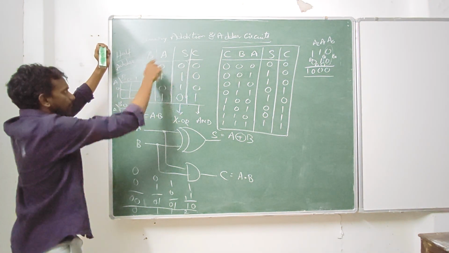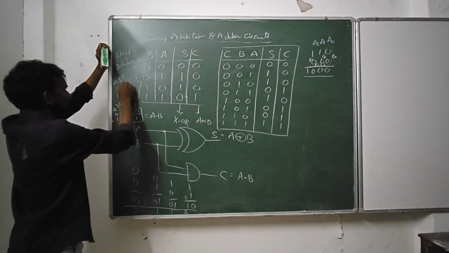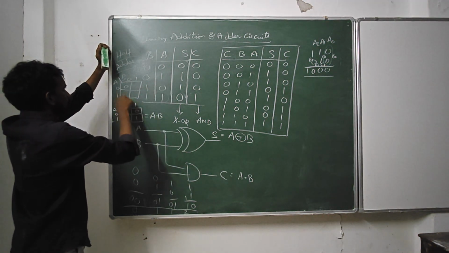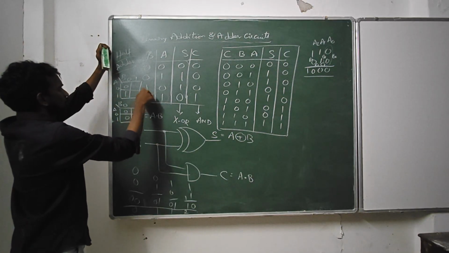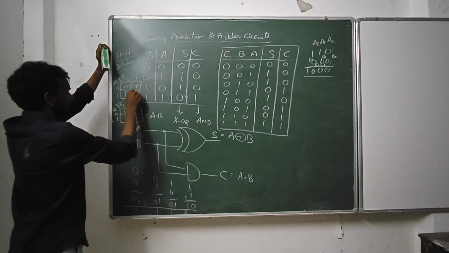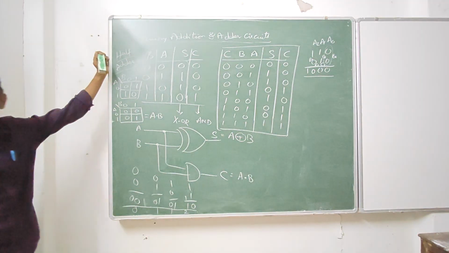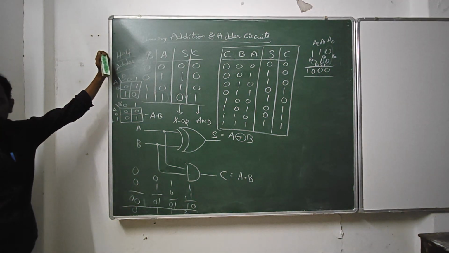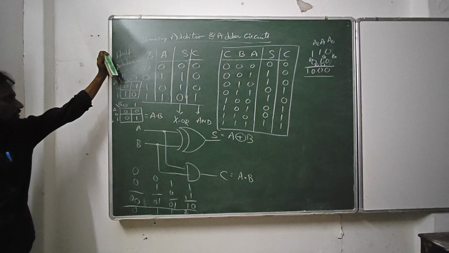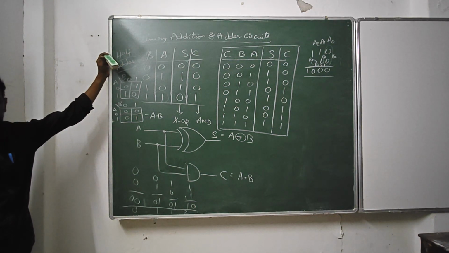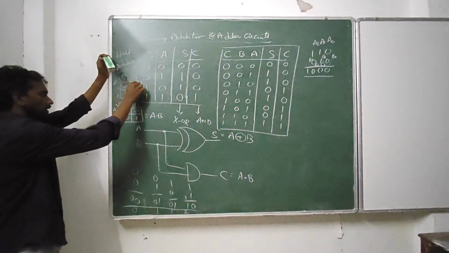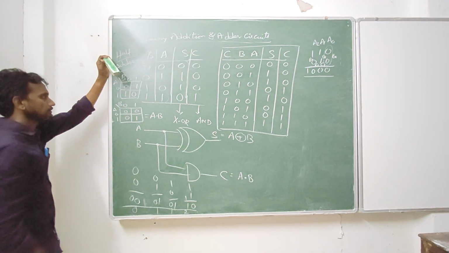What about sum? So 0 0, result is 0, 0 1, result is 1, 1 0, result is 1, 1 1, the result is 0. So you cannot make any combination from this.